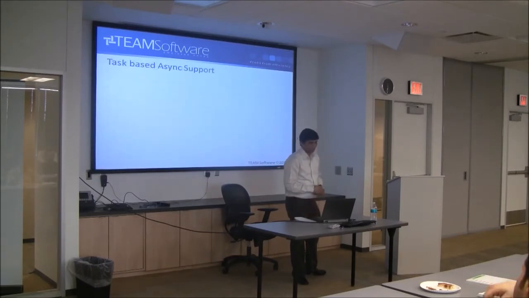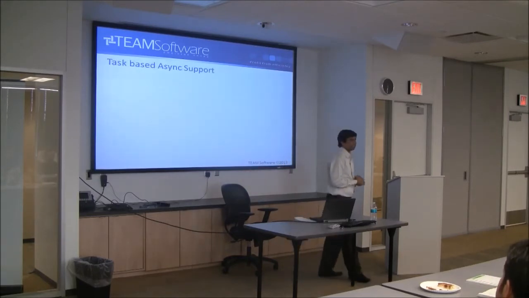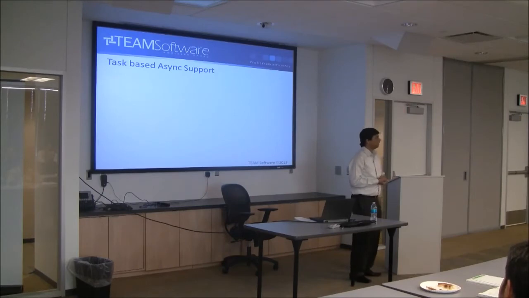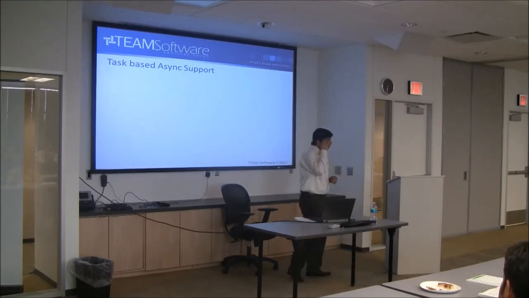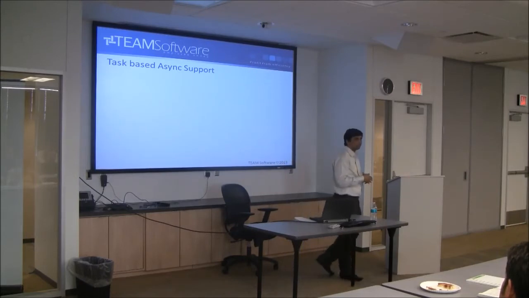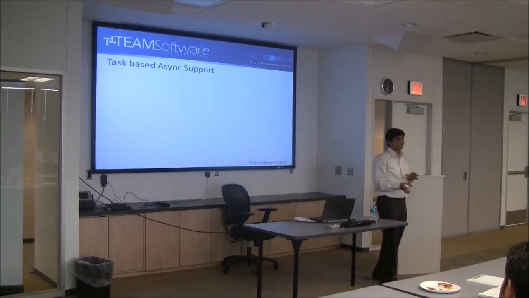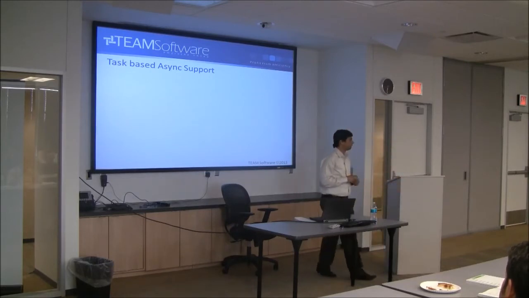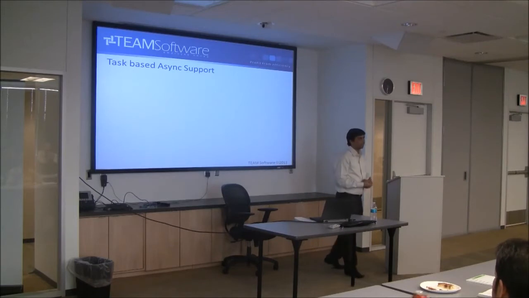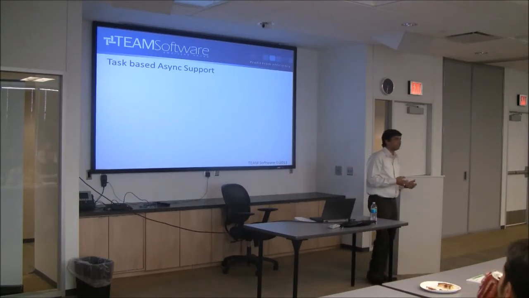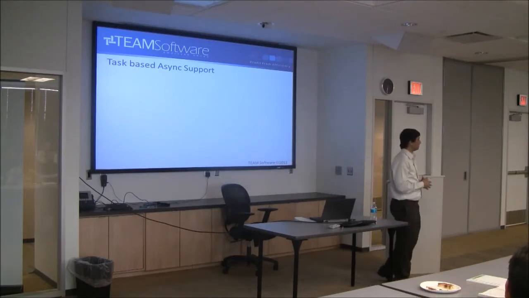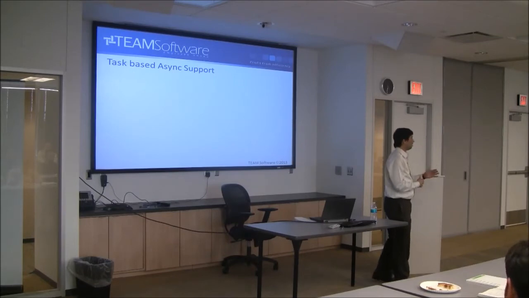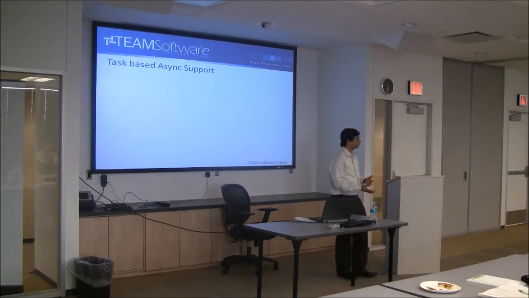Moving on to the next one, task-based async support. Asynchrony is implemented deep within WCF. It's not like we are trying to implement it on the client side or server side, but the way asynchrony is implemented has changed starting with WCF 4.5. Earlier, when you talked about asynchronous, it returned an IAsyncResult, and you would create Begin and End methods and work with that.